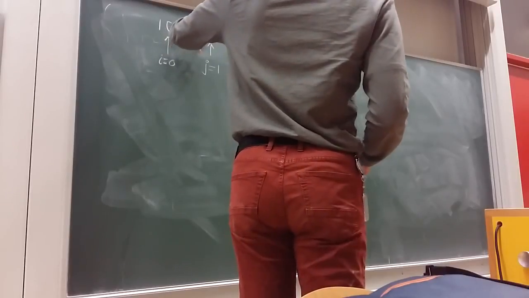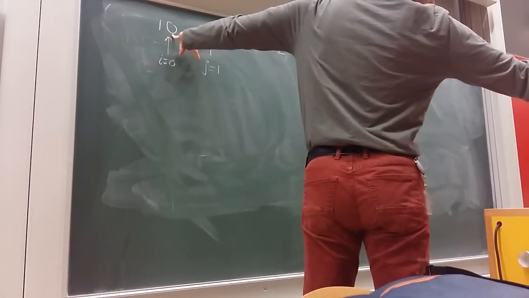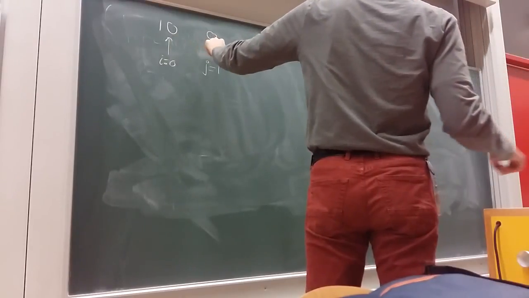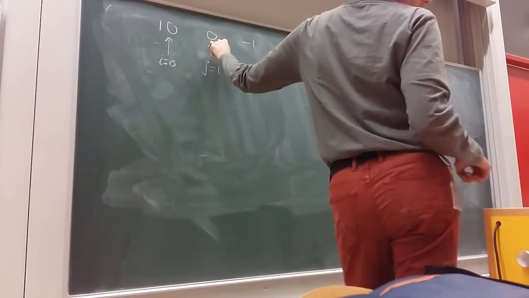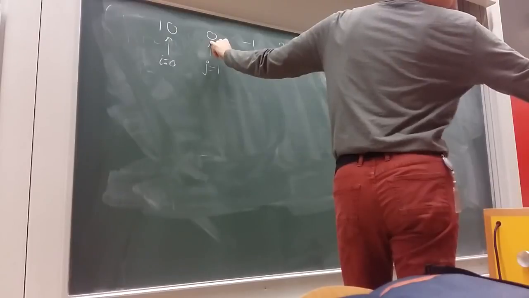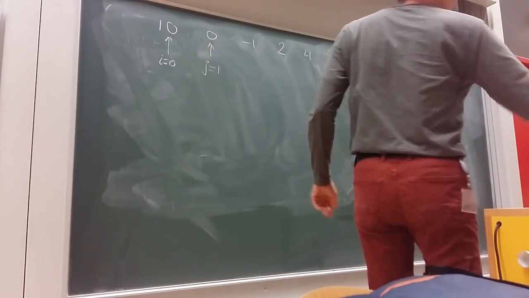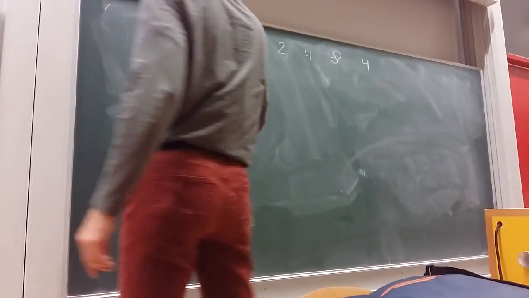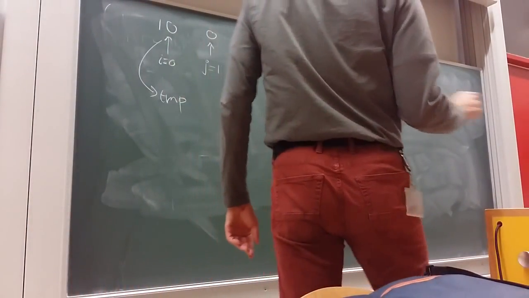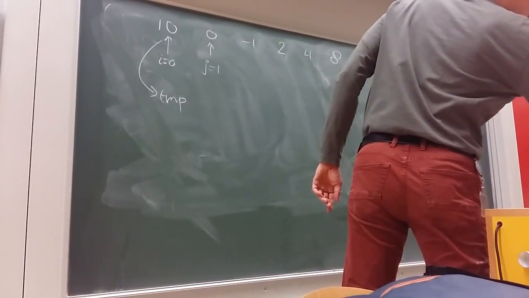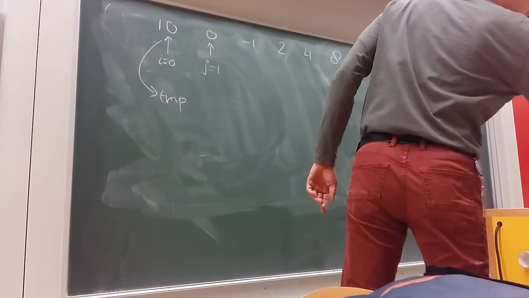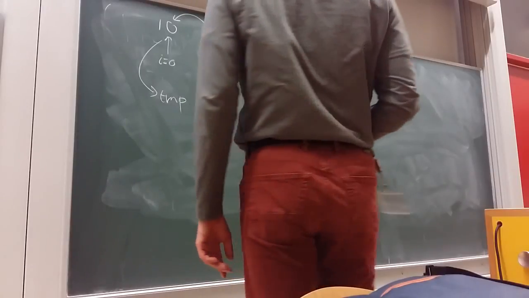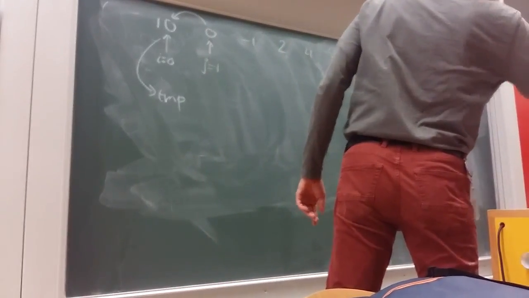If element J minus 1 is larger than element J, which it is, then we put J minus 1 in temp, then we put J into J minus 1, and then we put temp into J.